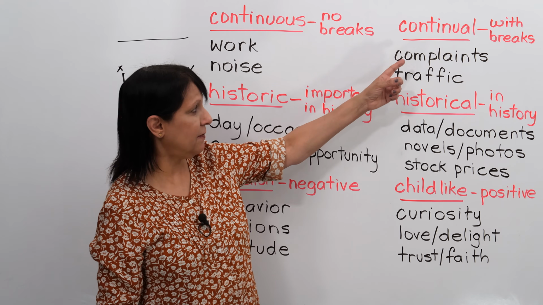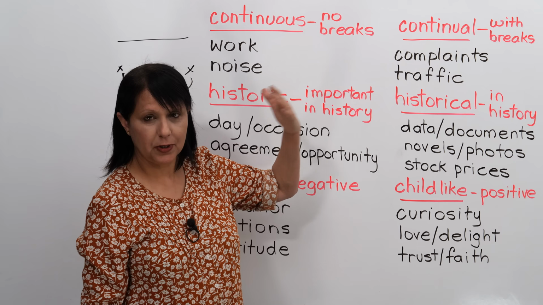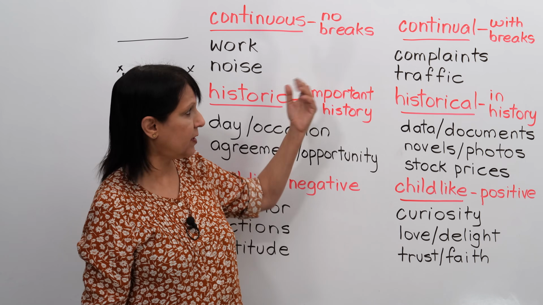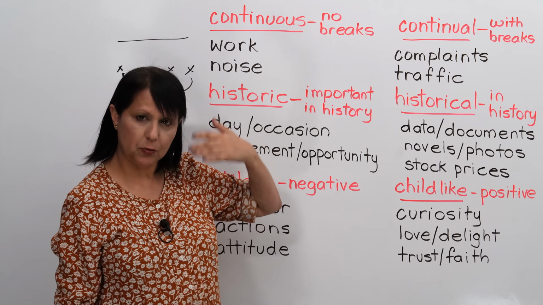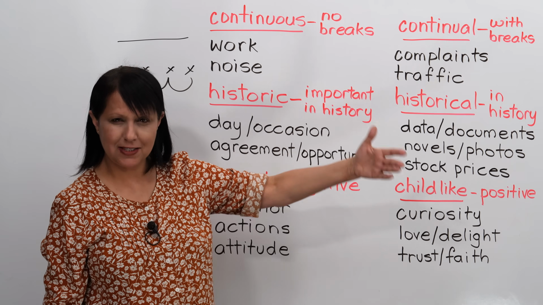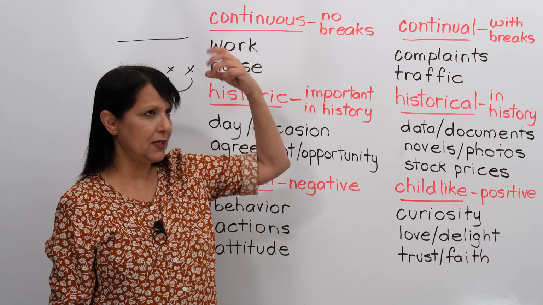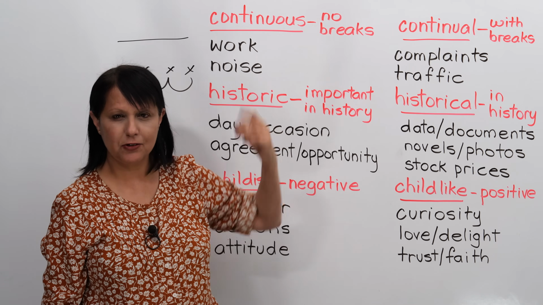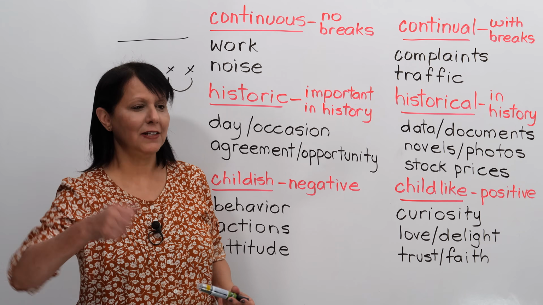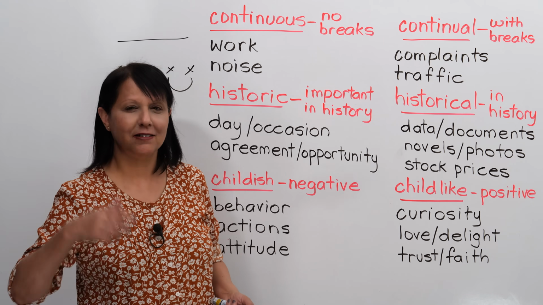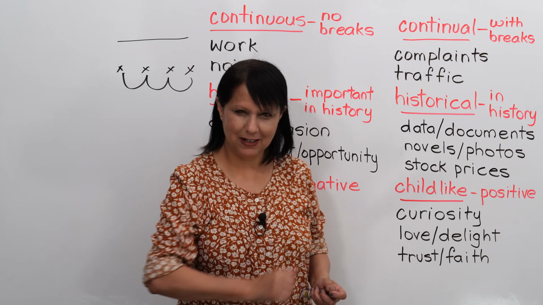Or you could also have continual work, which is with breaks, okay, or continual noise, where there was a lot of noise, but there were some breaks in between. For example, if somebody was building a bookshelf upstairs, your neighbor, so maybe they're not going to keep hammering every minute, but from time to time it would happen.